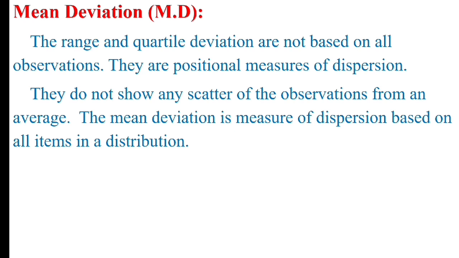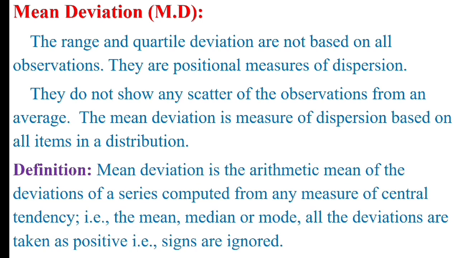The mean deviation is a measure of dispersion based on all items in a distribution. The definition says it is the arithmetic mean of the deviations of a series computed from any measure of central tendency, that is mean, median and mode. All the deviations are taken as positive, that is, the sign is ignored. Suppose you get a negative sign, you can consider it as positive.